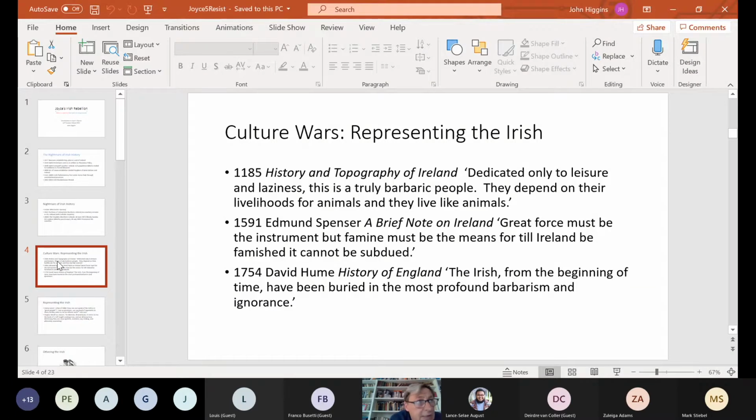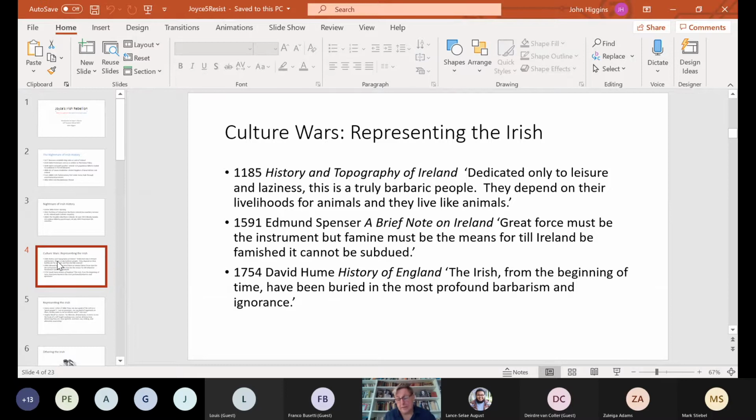Let's just look back at some of the ways in which the Irish were represented in ways that made them seem amenable to, or made it seem necessary to be colonized. Look at some of the ways of representing the Irish that were very dominant in the hundreds of years of Ireland's colonization. From very early on, from 1185, from a British work, The History and Topography of Ireland.